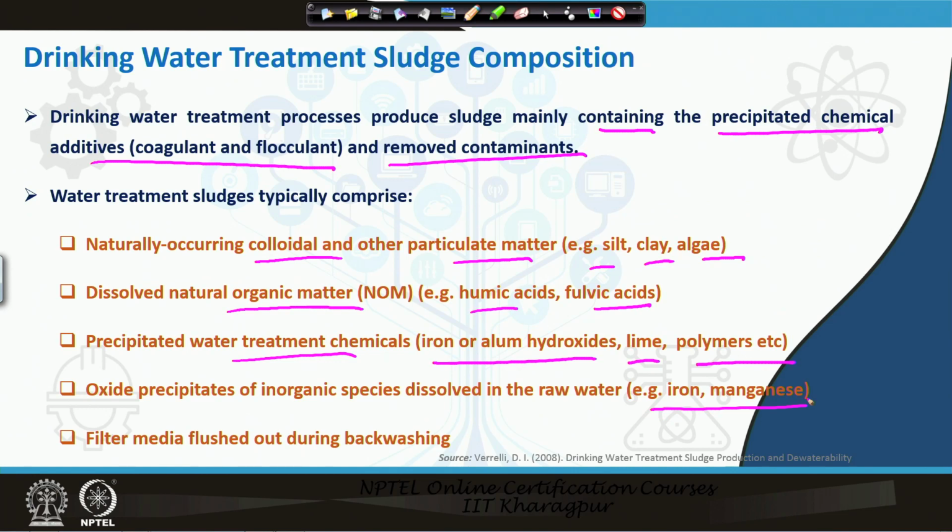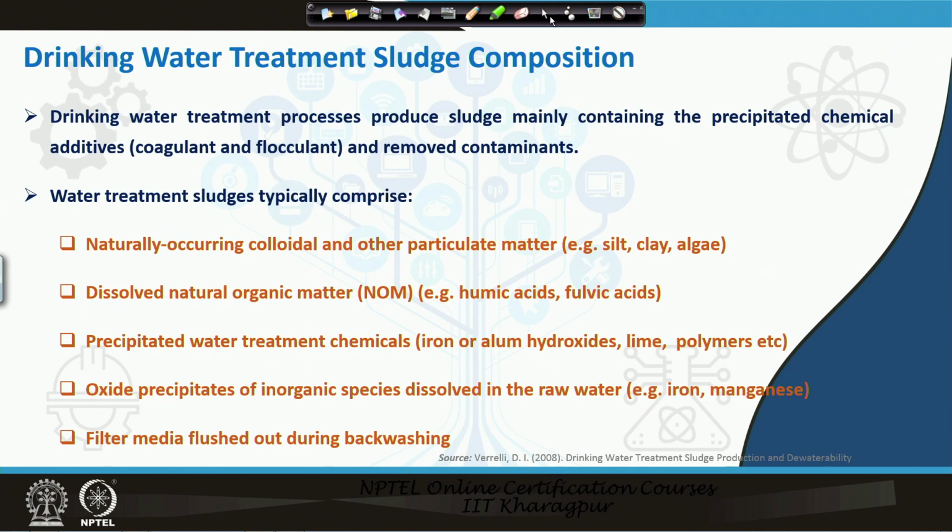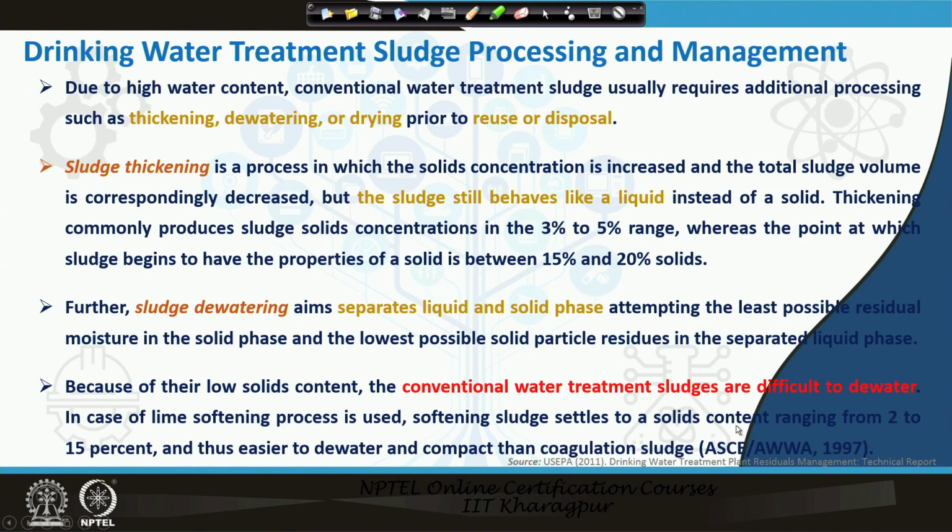And it may have filter media, because some part of the sand might get flushed out during backwashing. So, these are the major constituents of the sludge. Of course, the concentration depends on the initial characteristics of the water and the amount of chemicals being added, but composition wise it is going to have those compounds.